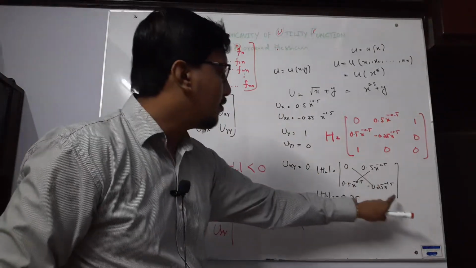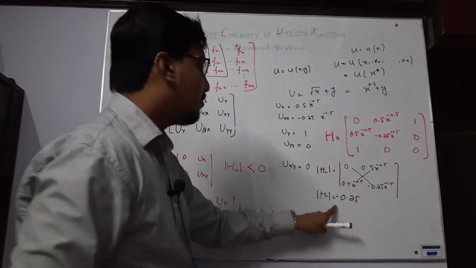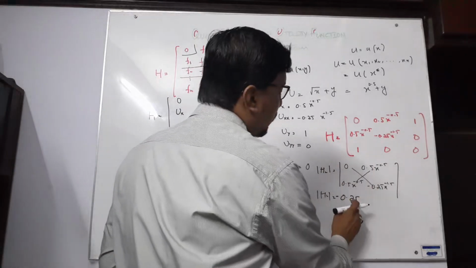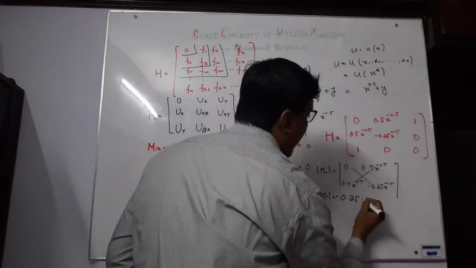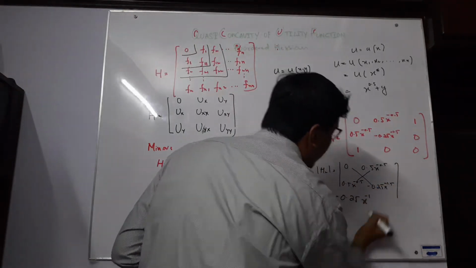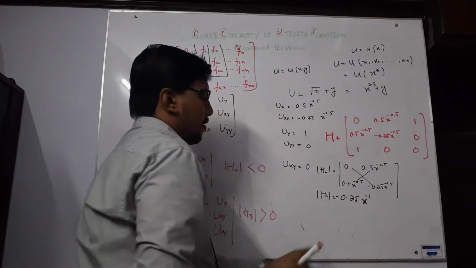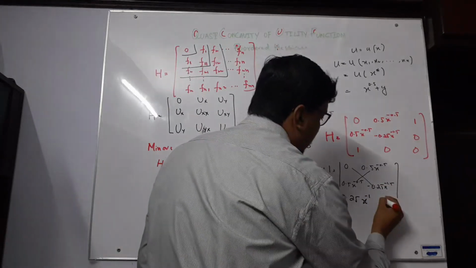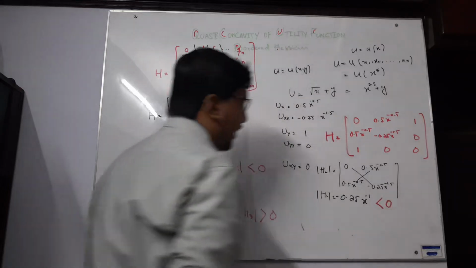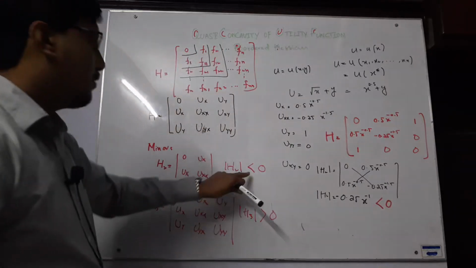So this term will be the cross and then minus of the formula, 0.5 into 0.5 is equal to 0.25. So this is negative.